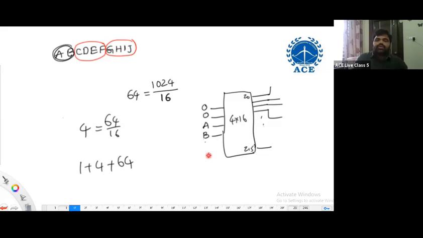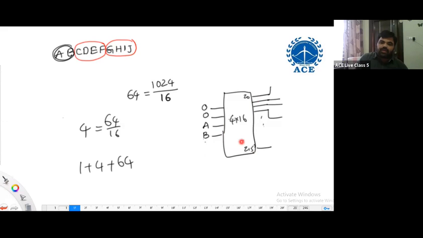If additional logic gates and additional circuitry are not allowed and I need to use only 4 to 16 decoders, then I should go with this type of implementation only, implementing the 2 to 4 decoder using a 4 to 16 decoder.